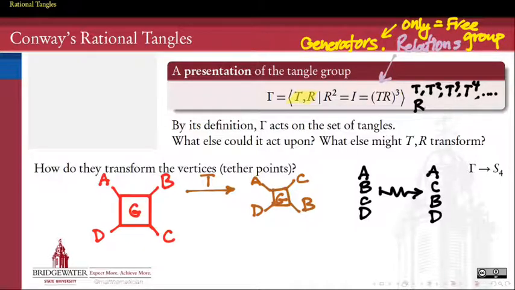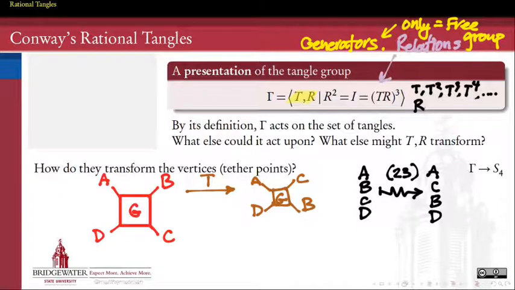So one of the standard ways to do this in group theory is to use what we call cycle notation. In cycle notation, the way that we read this is that the thing in the second position ends up in the third position, and the thing in the third position, wrapping around to the outside and back to the beginning, ends up in the second position. So this is the transposition of the second and third elements.